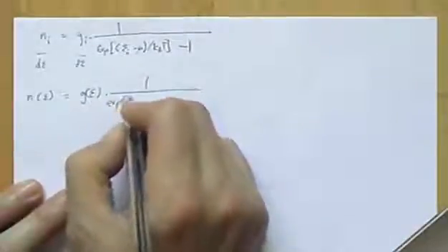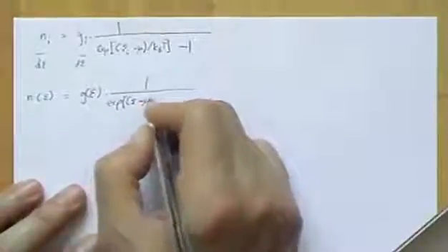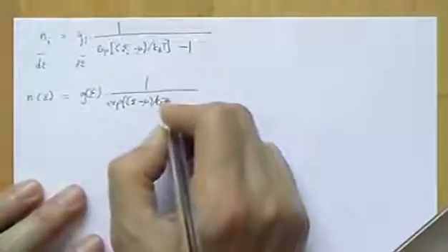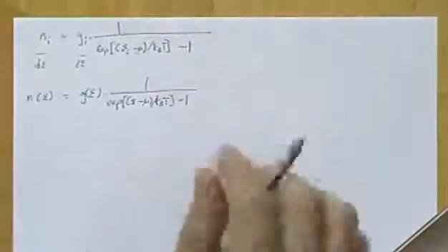So now we drop the subscript i and call this just E, minus mu over k_B T, minus 1. So now we have our distribution.